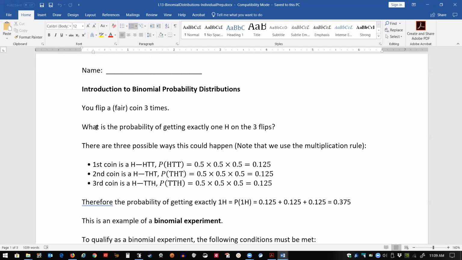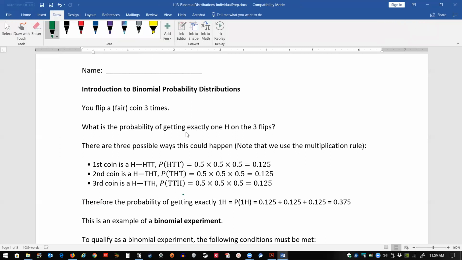So if I wanted to find the probability of getting exactly 1 head in those 3 flips, one way to do this is to actually write out each of the specific ways I could get 1 head, right? Either the first flip could be heads, or the second flip could be heads, or the third flip could be heads. And I can find the probability of each of those, right?